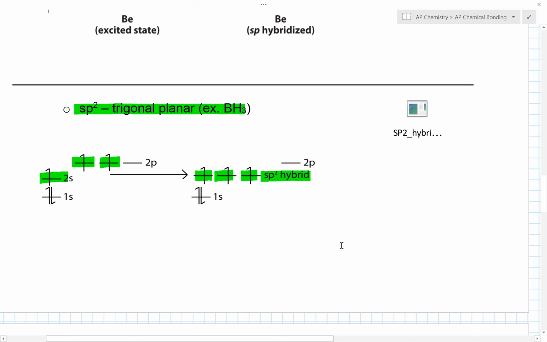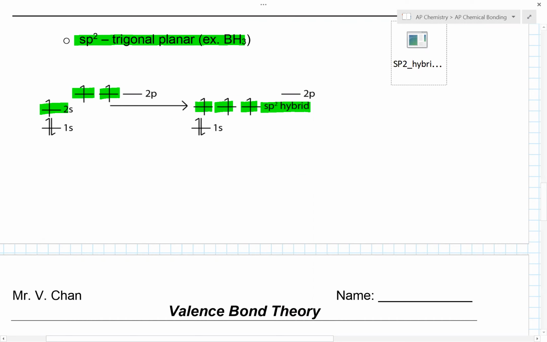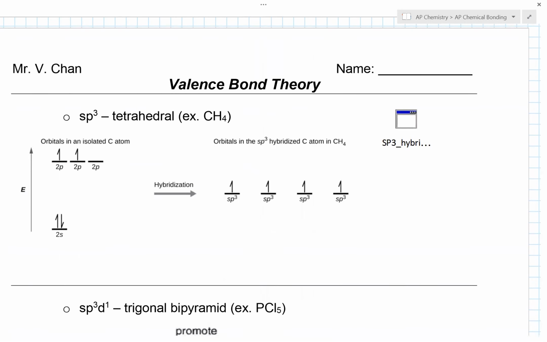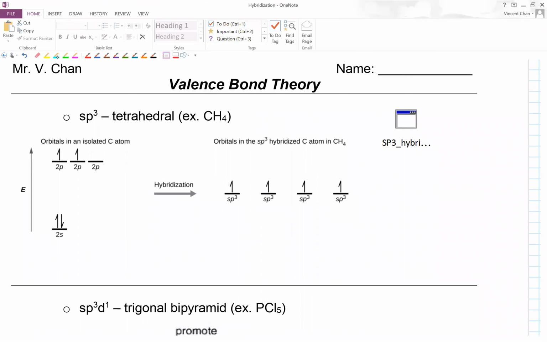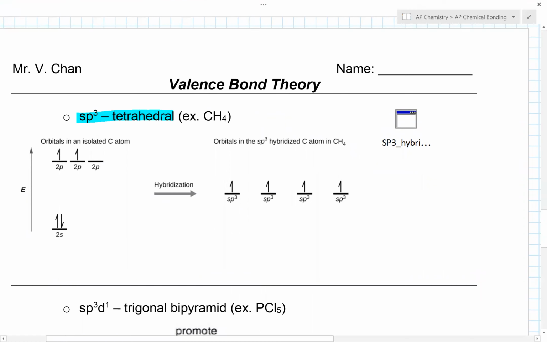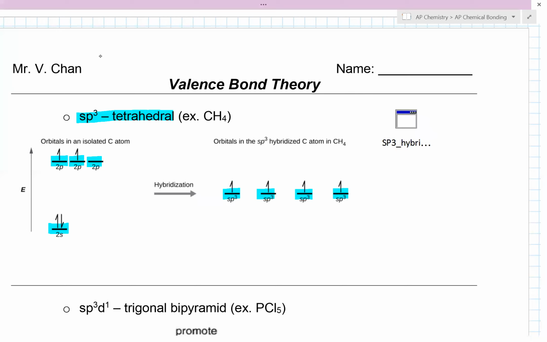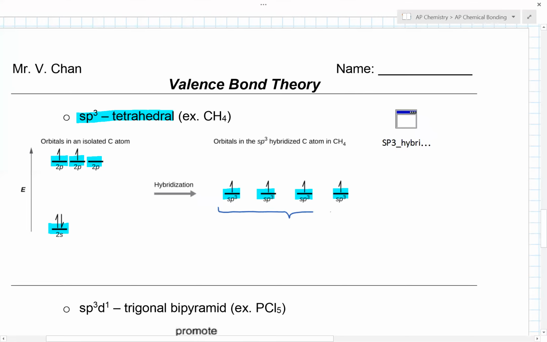So if we keep on going down, there we go. So we have sp3, it's tetrahedral. So that's like CH4. You take the S and the 1, 2, 3, you get sp3 hybridization. So what you have here is 4 electrons for bonding.